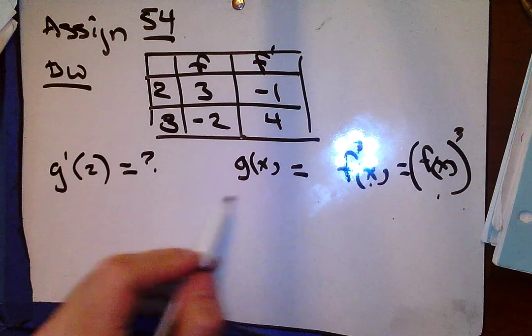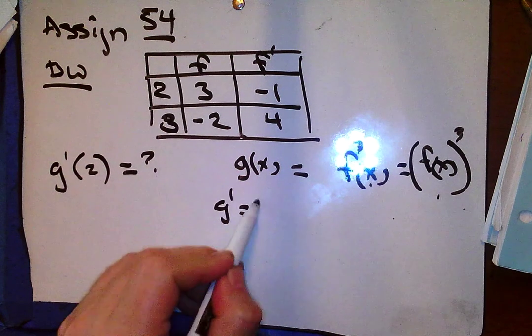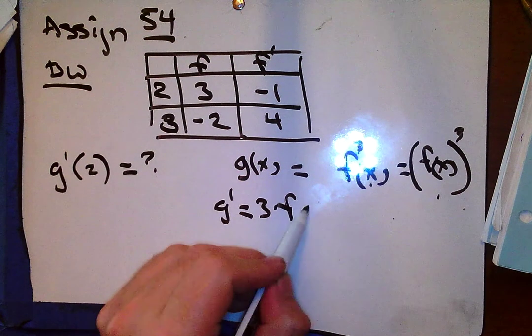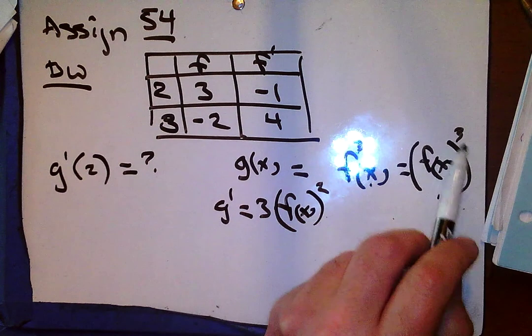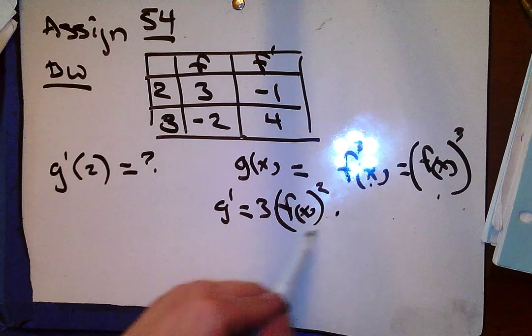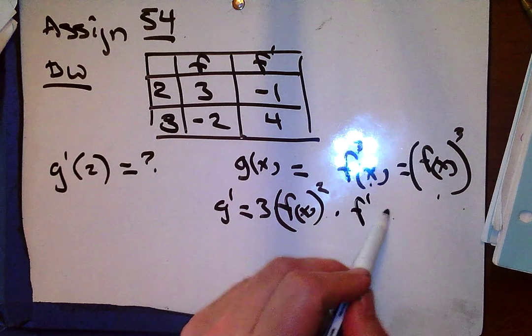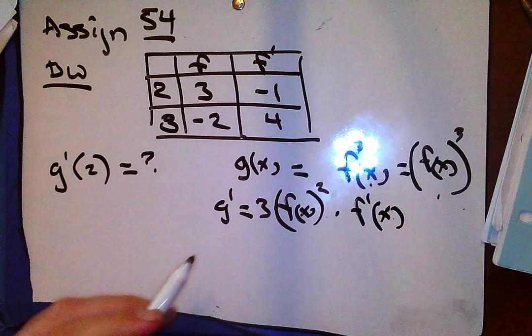Okay, so g prime is 3 times, leave the inside alone. Don't forget to subtract 1. So many people forget to subtract 1 here. Times the derivative of the inside. Derivative of f is f prime.